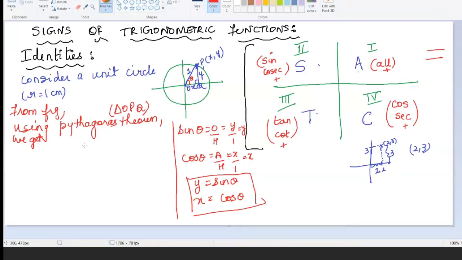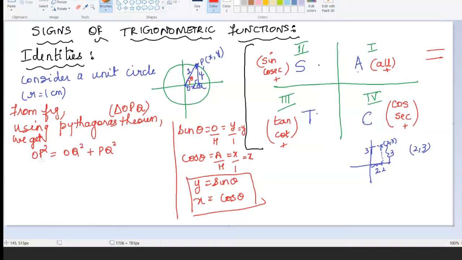Hypotenuse square is equal to the sum of the squares of the other two sides. So here we have OP square is equal to OQ square plus PQ square.